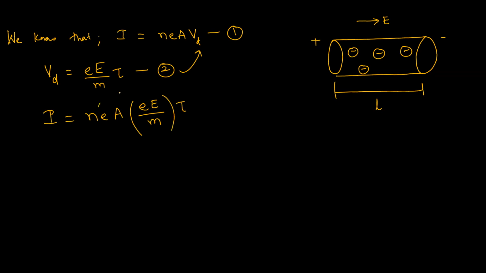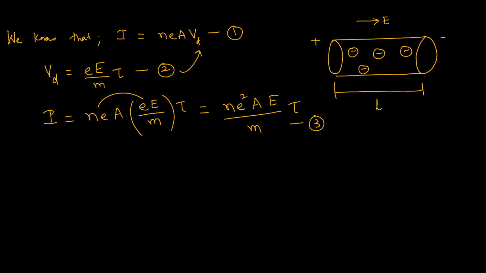Right. So e into e will get multiplied, it will become N e square. So it will be N e square A into E divided by m into tau. Let me call this the third expression.